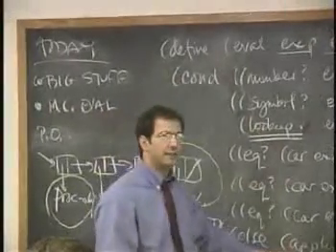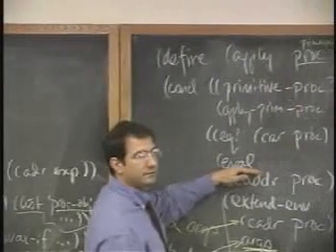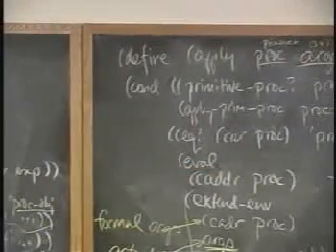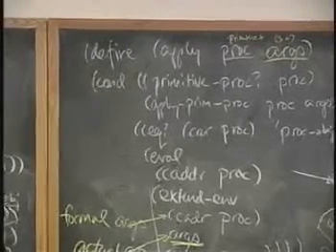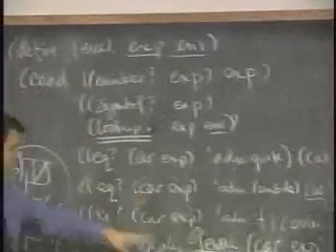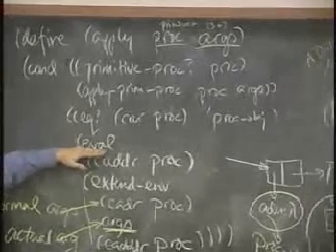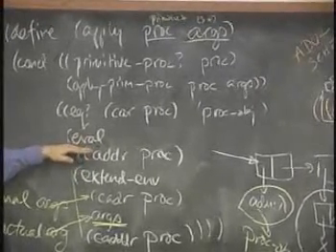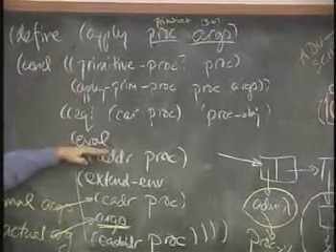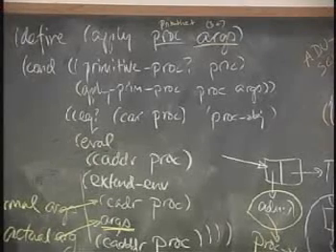Eval calls apply, and apply calls eval. When we have an operator that we're applying to arguments, within eval we use apply. When we need to compute the value of an expression, specifically the body of a compound expression, within apply we use eval in turn.